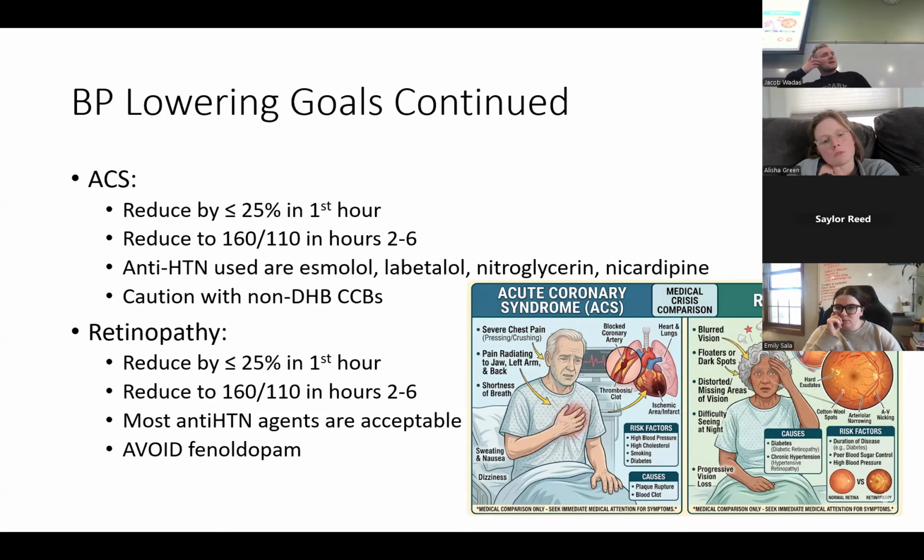Say the patient's blood pressure is 170 over 110 or something like that, and it's not that high. We still want to make sure we're getting to at least 160 over 110 in the first hour. It doesn't necessarily have to be that 25%.